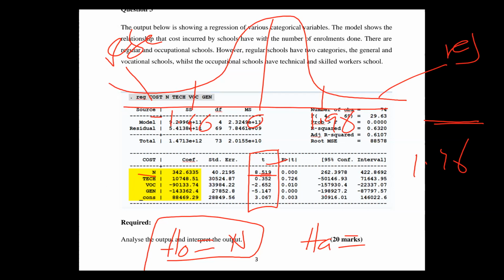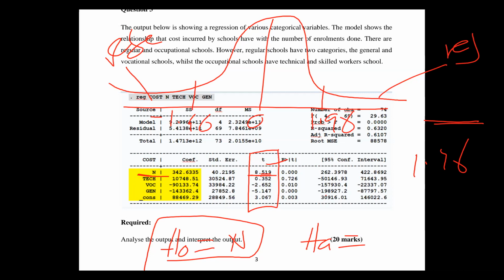At 95% level of confidence, we reject the null hypothesis that states that enrollments in skilled workers school, which is the N, have no impact on total costs.